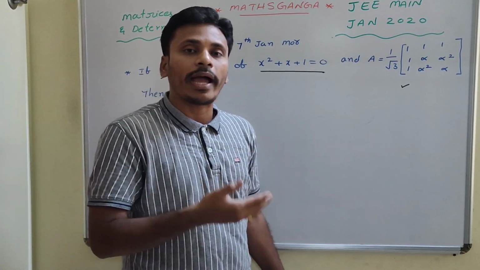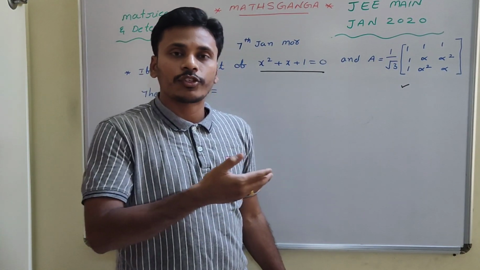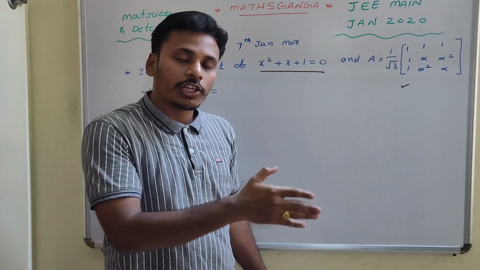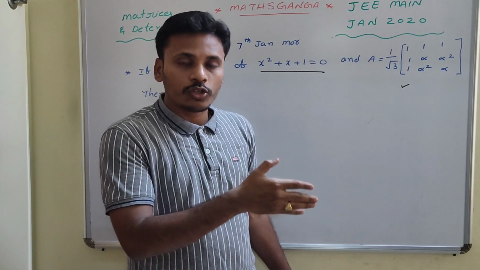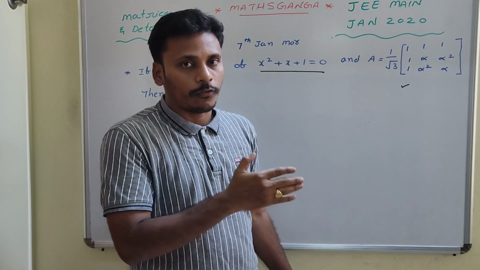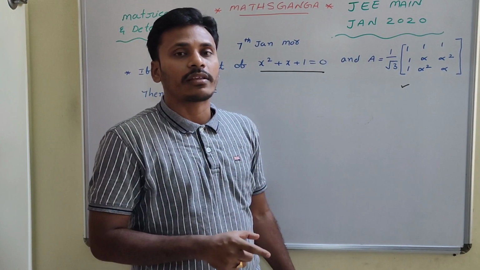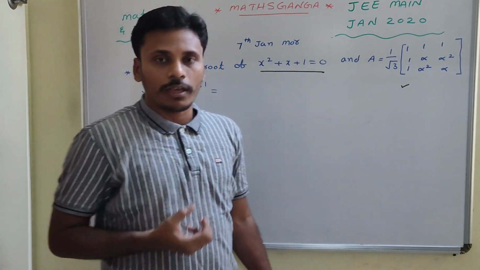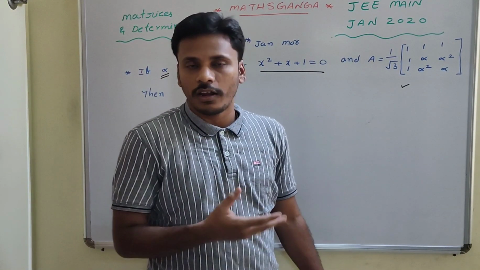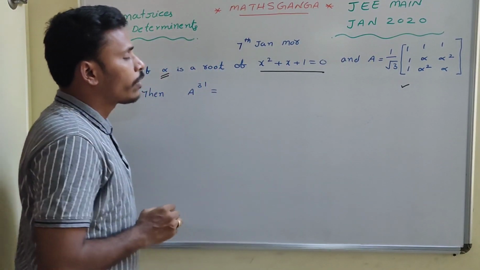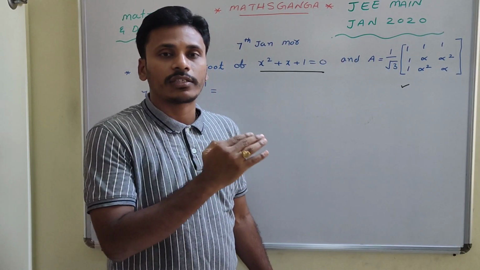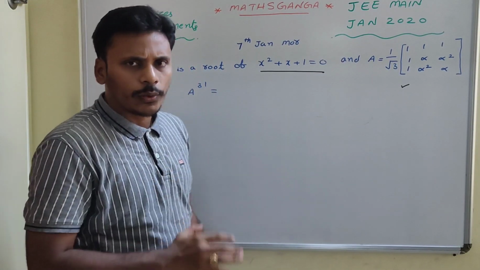That is, you need to identify the powers like A square, A cube and A power 4 for some time. On identification of these matrices, it is easy to generalize the form of A power 31 or A power 50 or anything. In this case, first of all we have the matrix A, and from there I need to calculate A square.